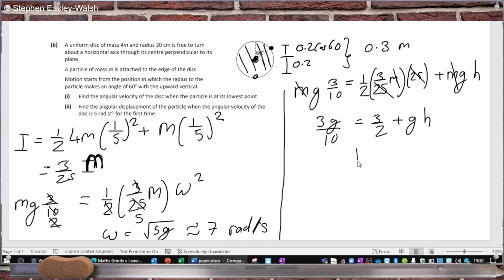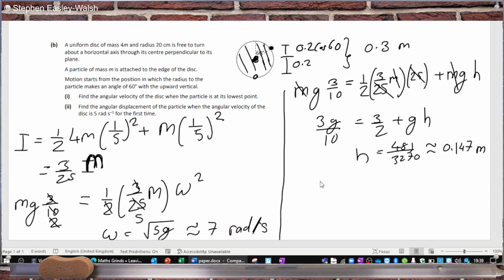I can solve that and I get h is 481 over 3270, which is roughly equal to 0.147 meters.